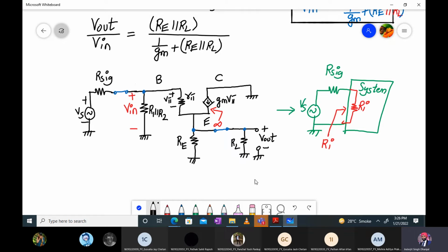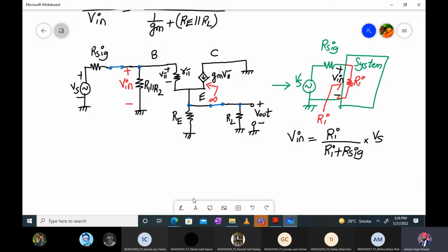Now, with a simple voltage division rule, what is this voltage over here? This is V in. So how can we write V in versus Vs? V in will be given by Ri divided by Ri plus Rsig into Vs. So V in upon Vs will be Ri divided by Ri plus Rsig.